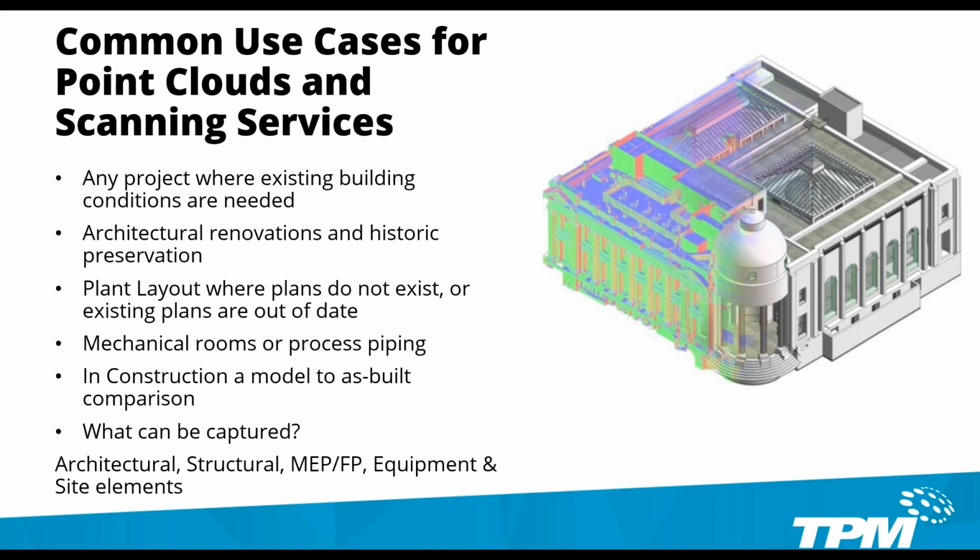So what they can do is come in and scan part of their plant, if they're going to do some kind of changing of equipment in that area, so they can have accurate information. Or sometimes they'll just scan the whole facility if they decide we want to go get an updated plan of our facility. Some people call this digital twinning. So we do a lot of that as well.